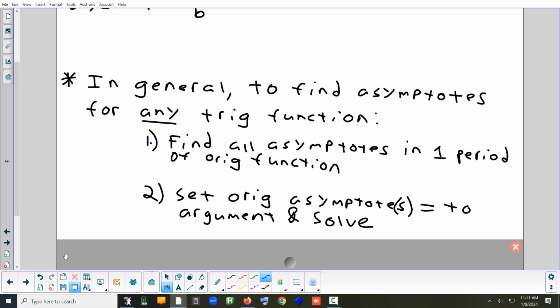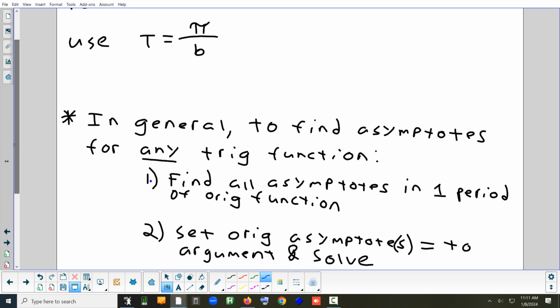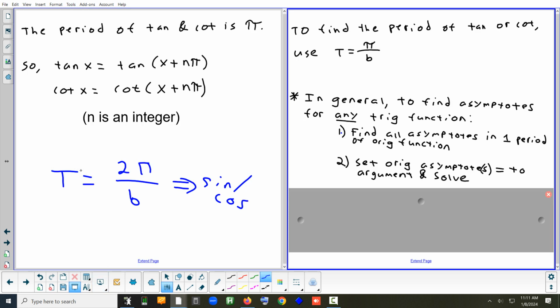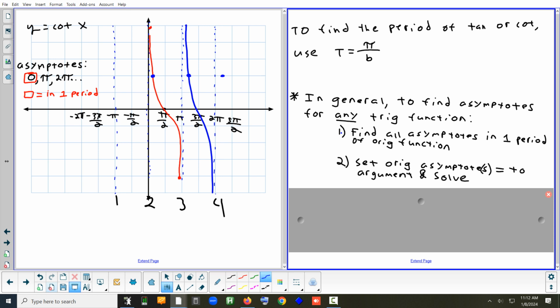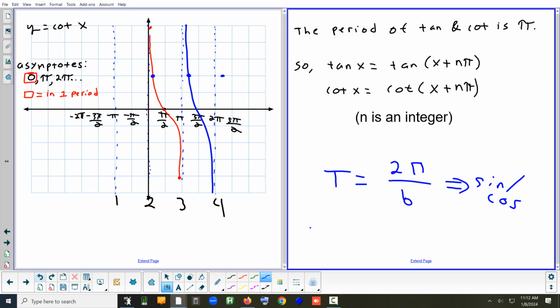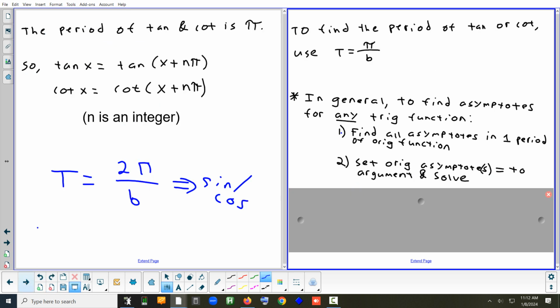Next, you set that argument. So in our case, if it was tangent, it would be pi over 2. You set that equal to the argument, and you solve. Remember, the argument is what's inside the parentheses.